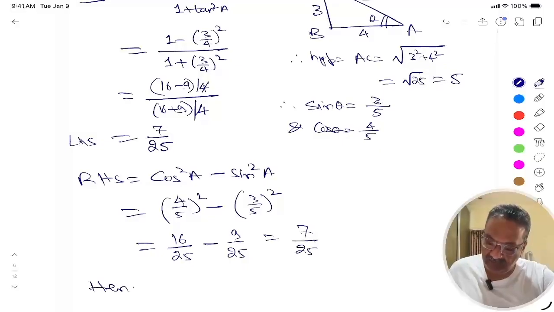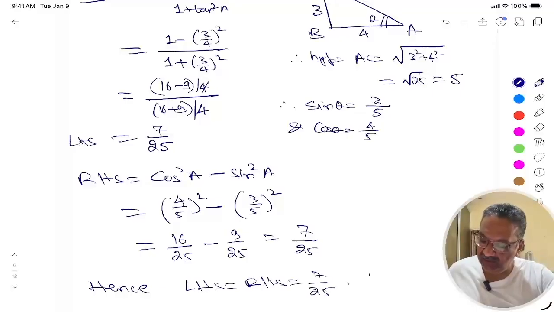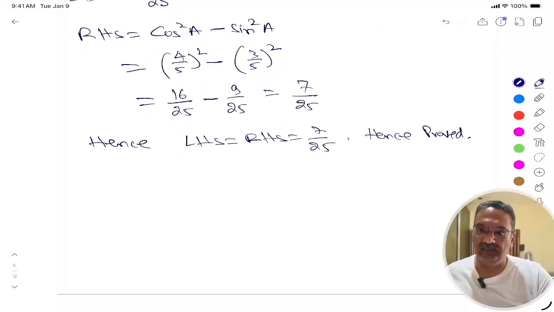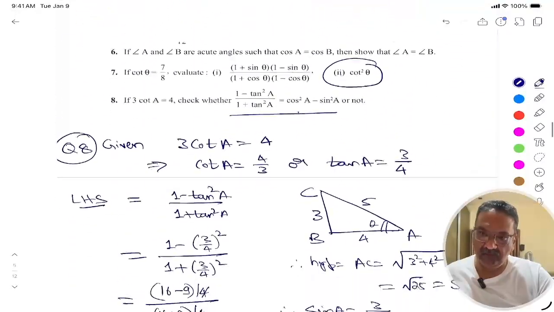Hence, we have LHS is equal to RHS is equal to 7 by 25. Hence, proved. So question number 8 is also over.